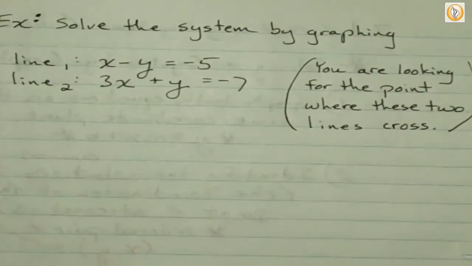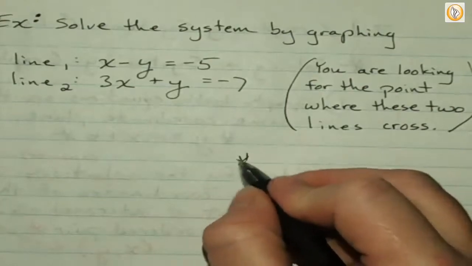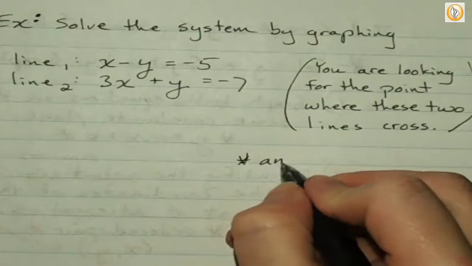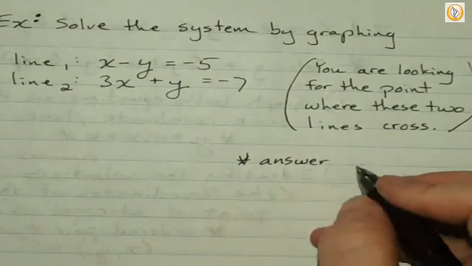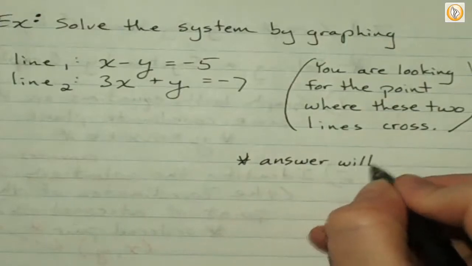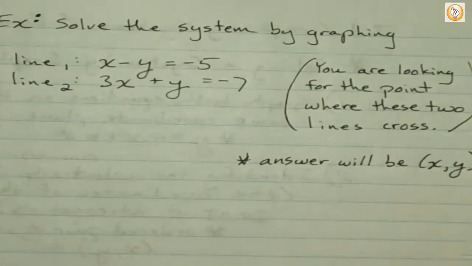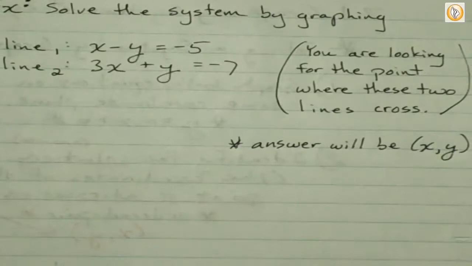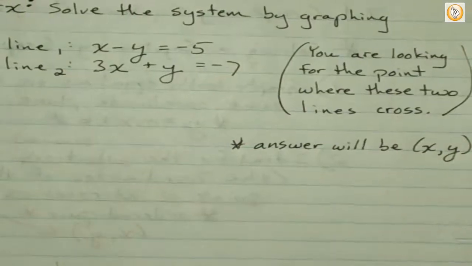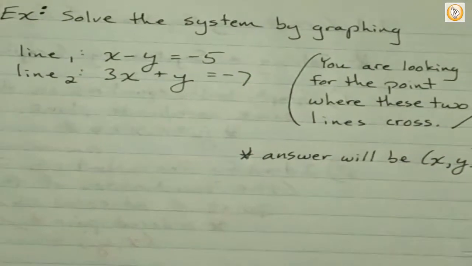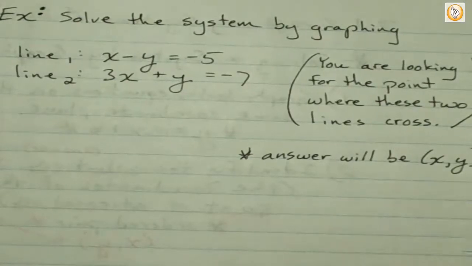So we're looking for where those two lines cross. The answer, I'll let y'all catch up, will be an ordered pair. Once you have this all written down, you may put your pencil down so I know that you're done.